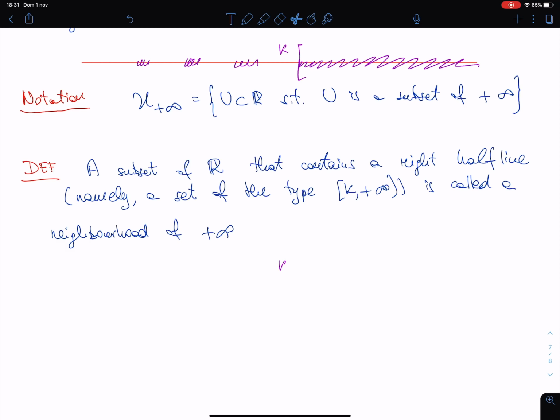A subset of R that contains a left half-line, namely a set of the type minus infinity minus K, is called a neighborhood of minus infinity. Okay?